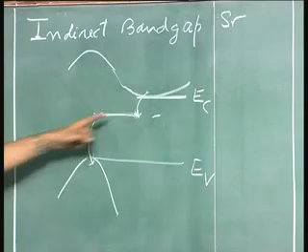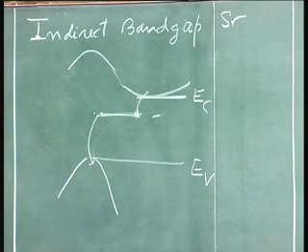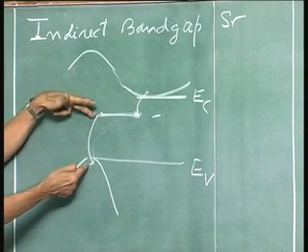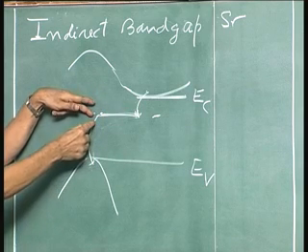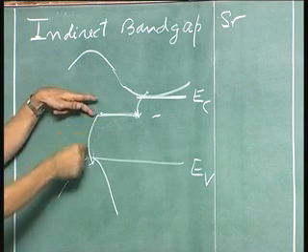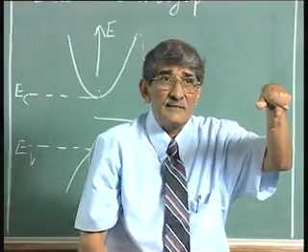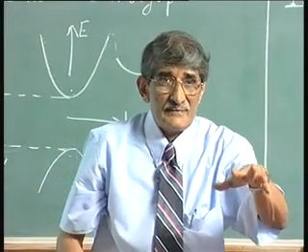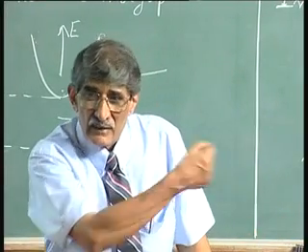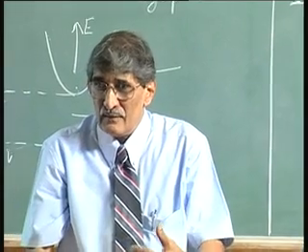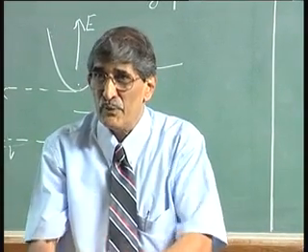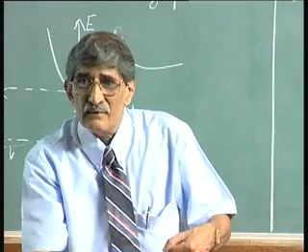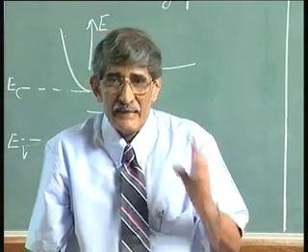When there is an indirect transition like this, it can emit light corresponding to this energy, because the momentum difference has been taken care of here. From here to here, whatever energy difference is there can be emitted as light, because momentum has already been conserved. It has been transferred as heat into the lattice, into this impurity, and the rest is given out as light.